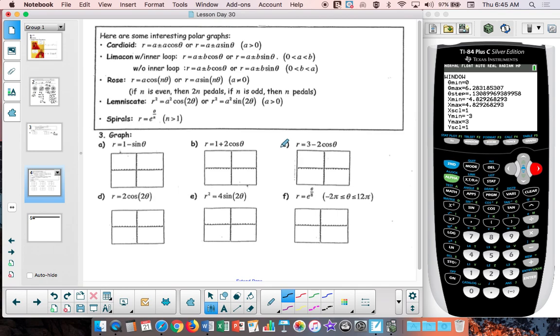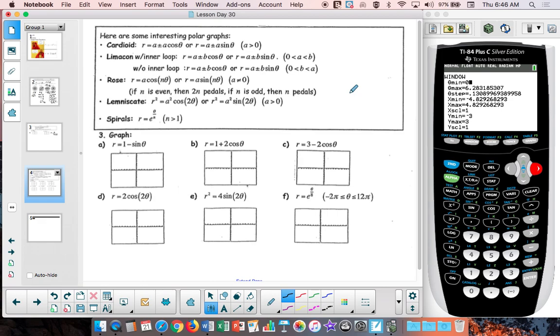And if you look at their equations, they look very similar. The only difference is that the B value is different than A, where in a cardioid, the B value would be exactly the same because it's A in both of those. You can identify if it's going to have an inner loop or not by the order of A and B. If B is bigger, then it has an inner loop. If A is bigger, it doesn't have an inner loop.